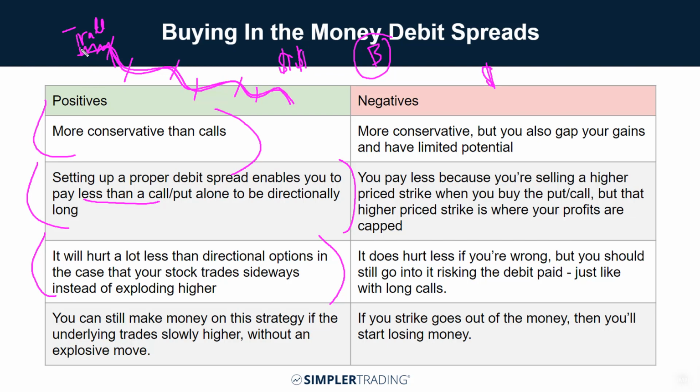While you're in this waiting time frame, the person who has long puts, those puts are just decaying over time. They're losing money. The value is going down. But when you have a debit spread, that's not the case because you have a long put and a short put. So your trade will actually hold on to its value during this time frame where you're waiting for something to happen. So that's going to be more beneficial.